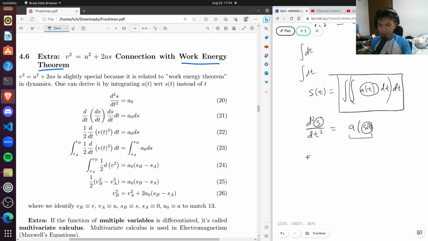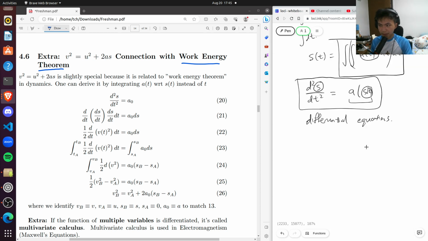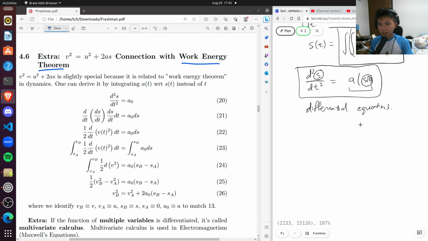Solving this would require the technology of differential equations for full generality. We need to solve this differential equation, finding s such that it's self-consistent.